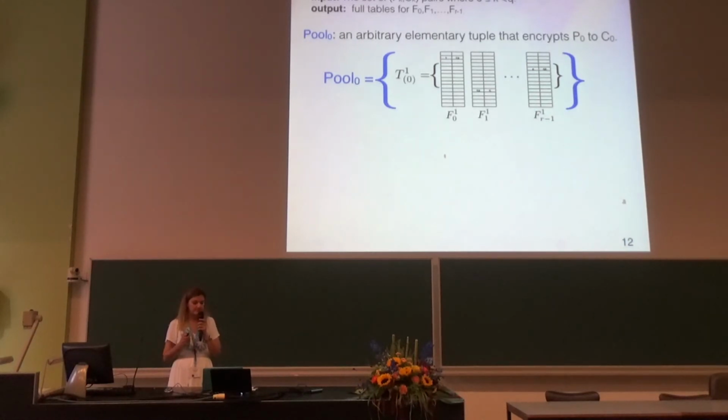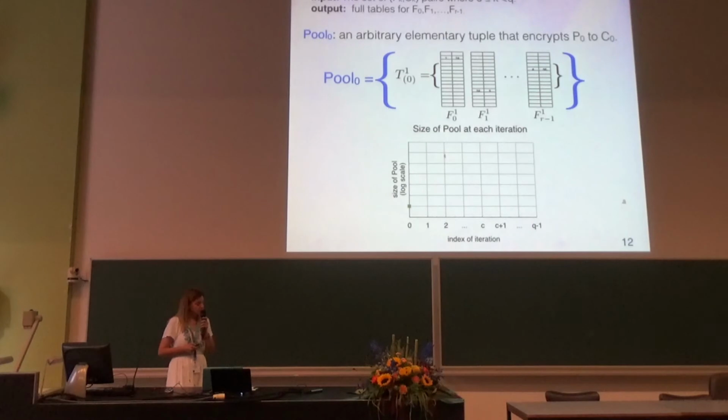So I pick a pair P0 and C0, and I will generate a tuple that encrypts this message P0 to its ciphertext. I can do that. The adversary has this power because of the equivalent set of round functions.